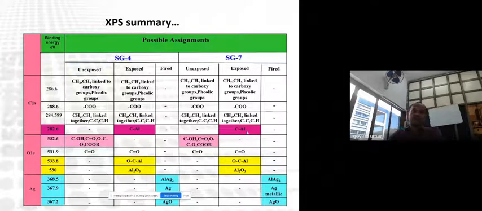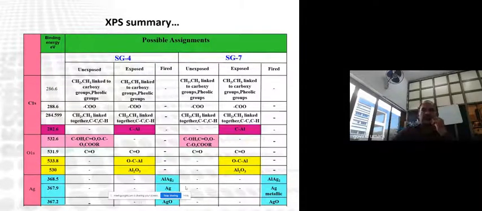This is evidence that the cross-linking took place. Then the O1s spectra are also assigned to C-O-Al bonding and Al2O3 bonding after exposure, and there is no such bonding in the unexposed or unfired sample, whereas after firing we got Al-Ag.